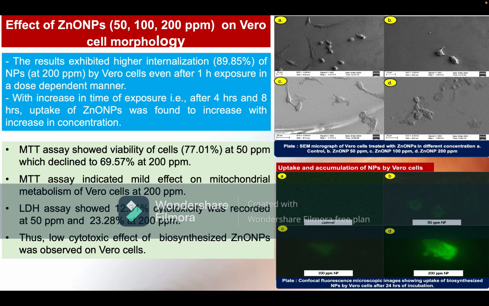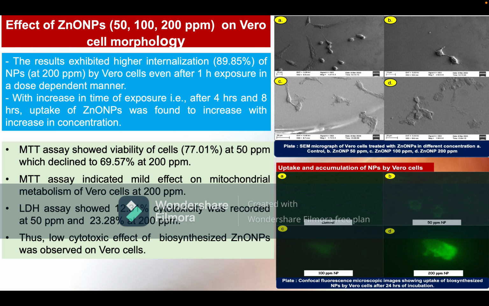LDH test, that is lactate dehydrogenase assay, was done to see the cell death or the cytotoxicity because of the effect of zinc oxide nanoparticle at different concentrations. During our study, we have seen that there was around 12.31% of cytotoxicity recorded at 50 ppm, and 23.28% of cytotoxicity at 200 ppm concentration.